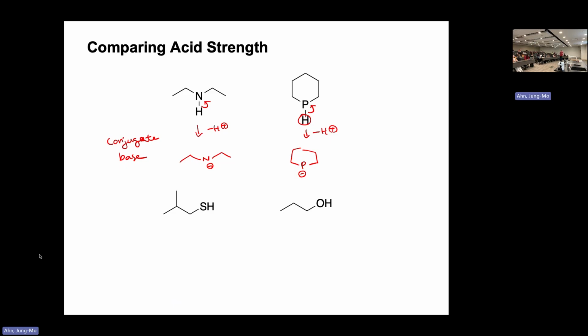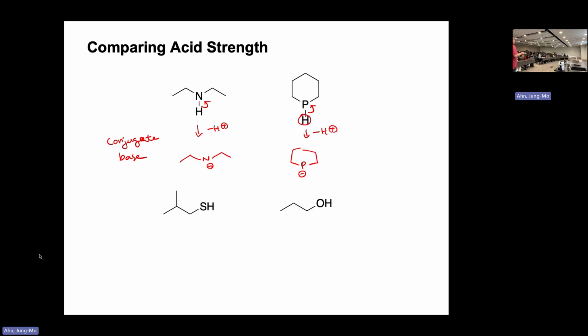If you use electronegativity, nitrogen has a higher electronegativity than phosphorus. So should we say this one is more stable than the other? That's probably what you may think. But the size can also become a major factor. Phosphorus is in the third row, nitrogen is in the second row.